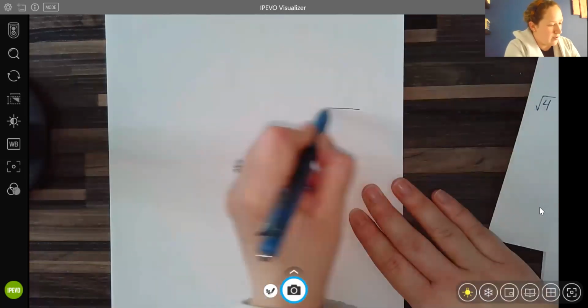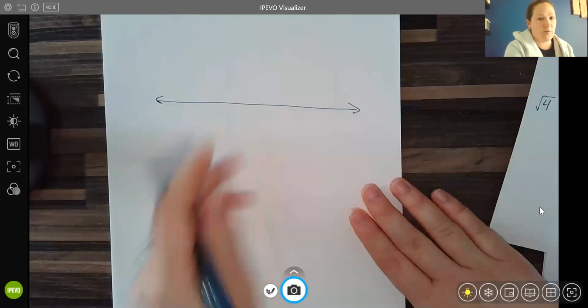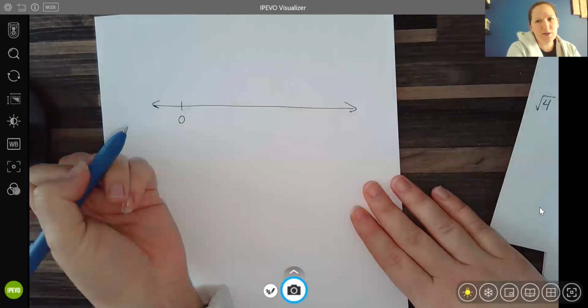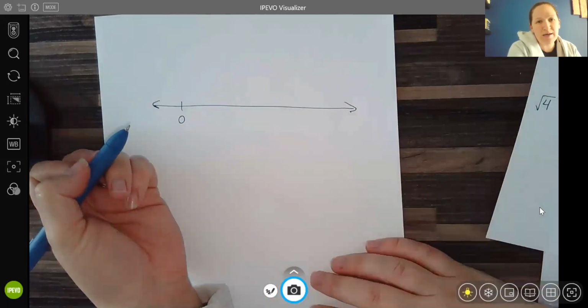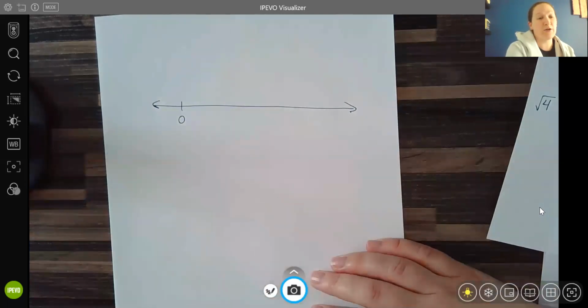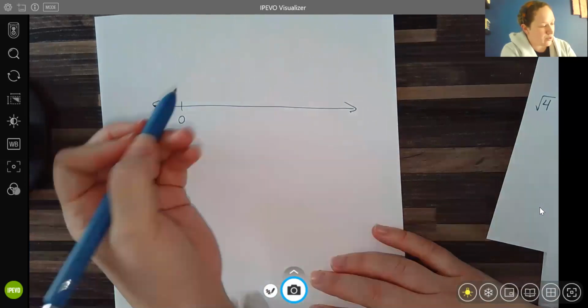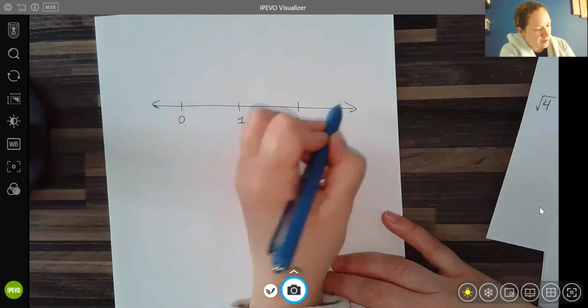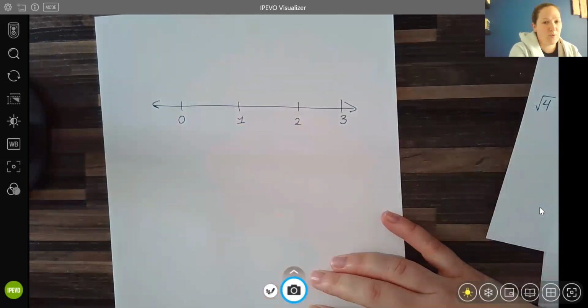And so when we're looking, I'm gonna draw a number line, okay? And I'm gonna think about on a number line, let's just start at 0 because in a square, my side lengths are gonna be positive numbers. I won't be able to have a negative side length for a square. So let's say I have 0, I have 1, 2, 3, okay?